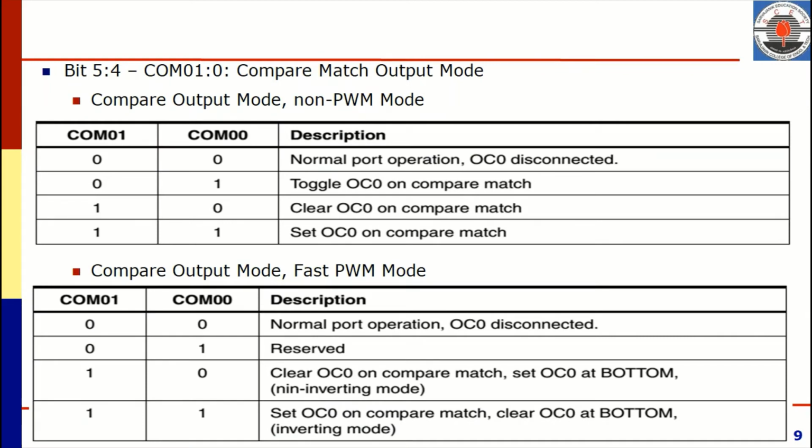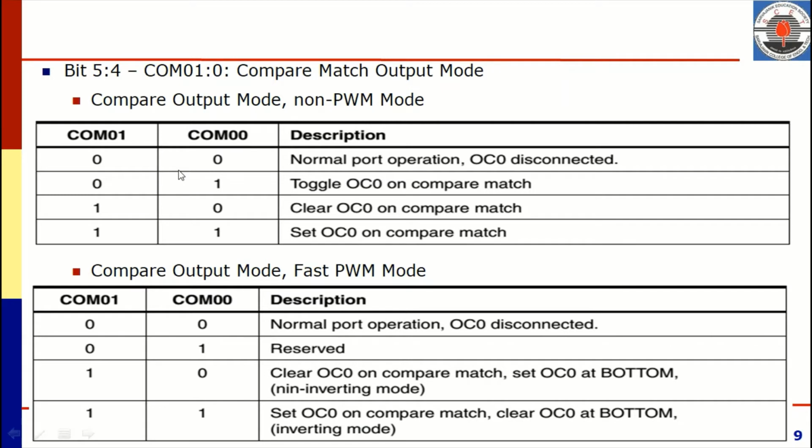Bit number 5 and 4 of TCCR register decide compare match output. These are the two bits. Whenever the waveform generation mode is non-PWM, that means either normal or CTC mode, then based on this upper table, compare match output mode is decided. In compare output match, again there are two bits.